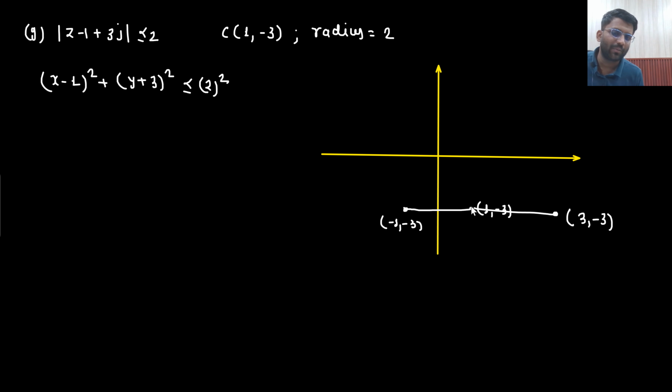Now moving radius 2 in the direction of y, this point will become 1 comma minus 1, because this point was minus 3 here, and this point will become 1 comma minus 5. So the circle will look somewhat like this.